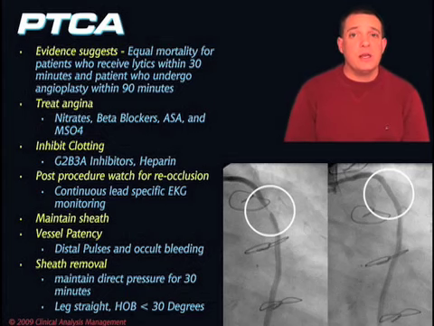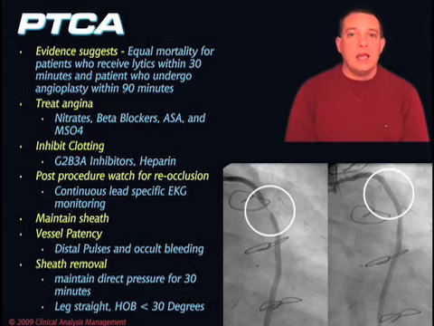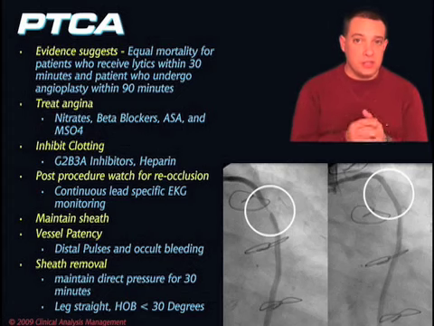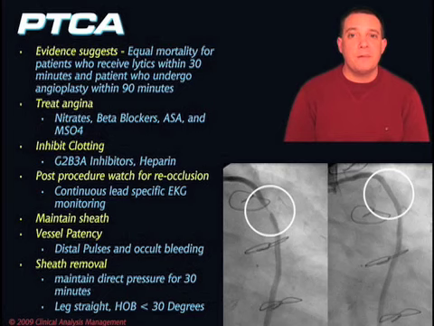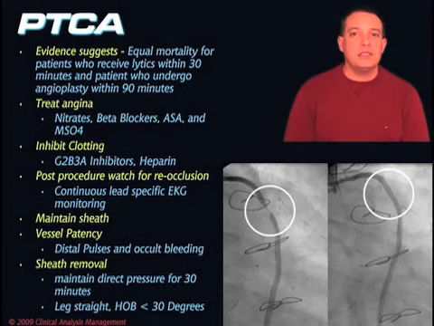And they found that if you could give fibrinolytics within 30 minutes, or you could do a PTCA and cath that patient within 90 minutes, there was equal mortality. There was a lot of thought that, well, if we do a PTCA, that's a lot safer because we're not giving the patient a systemic bolus of fibrinolytics. And so we've seen this huge change in practice for management of STEMIs.